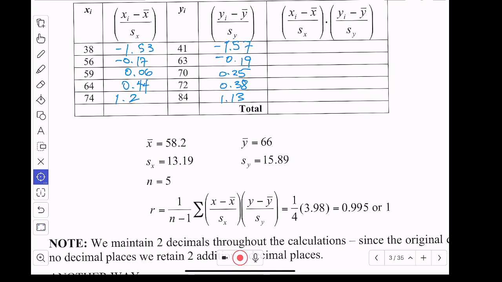All right, so what happens is I'm going to multiply these together now. So when I have a negative times a negative, this is going to end up being a positive. When I have a positive times a positive, it'll be a positive. So this is going to make all these positives all the way down. I do need the number before I get the total, so let's do that.